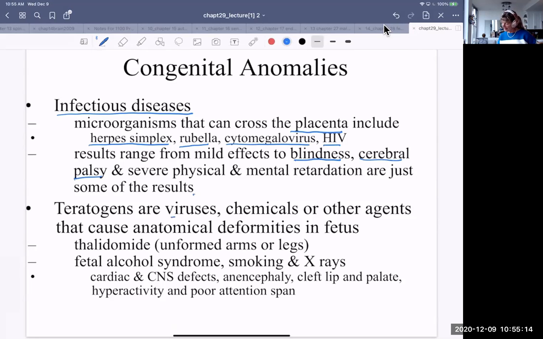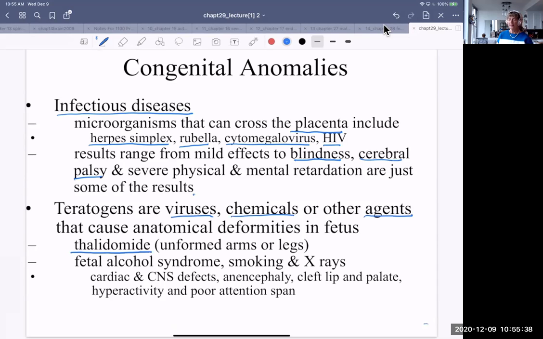Teratogens are viruses, chemicals, or other agents that cause anatomical deformities in the fetus. So one of them is thalidomide. That was administered to women, unfortunately, I believe because of morning sickness.